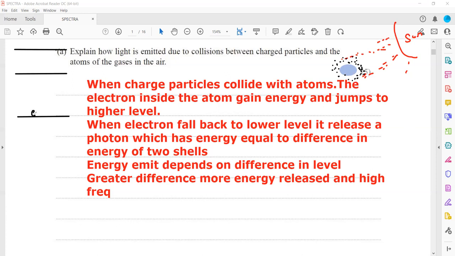Electrons in the lower level collide with the charged particle, gain energy, and jump. They remain there for some time, and when these electrons return back, they give out a characteristic energy equal to the difference in the energy of the two levels, or a characteristic photon.